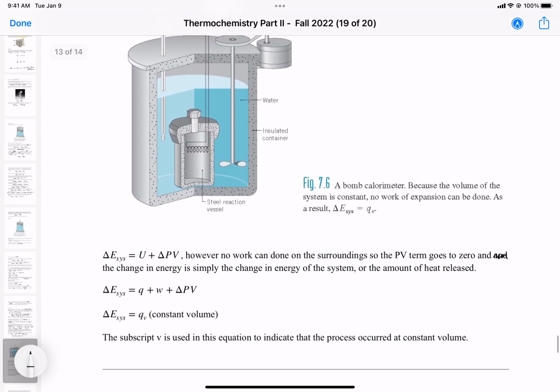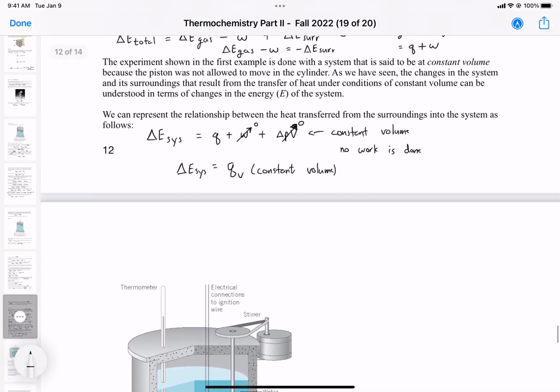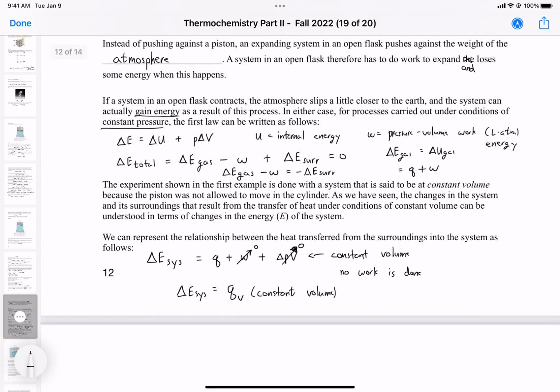We're going to boil down the energies for a system at constant volume and constant pressure. We already did the example for constant volume, so now let's go to constant pressure.